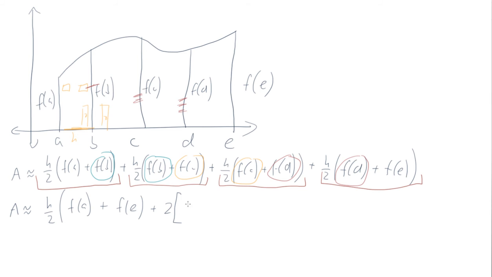So it's f of B plus f of C plus f of D. Okay, and so in summary, trapezoidal rule, h on 2, h is the height of each one, the first, the last, and then everything in between.